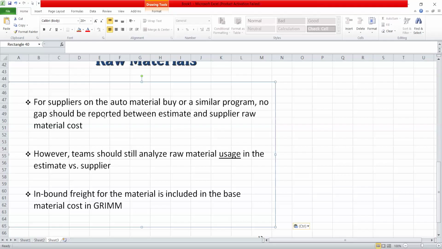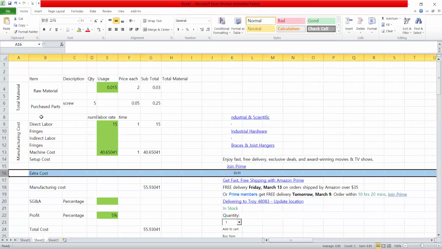We will consider in one 15-minute session what the raw materials are, what the purchase parts are, how we consider the direct labor, how we consider their benefits, their indirect support. There are 17 or 18 factors in all. We will take 15-20 minutes on each, and once you get 15-20 minutes on raw material, then you will realize what the raw material is.